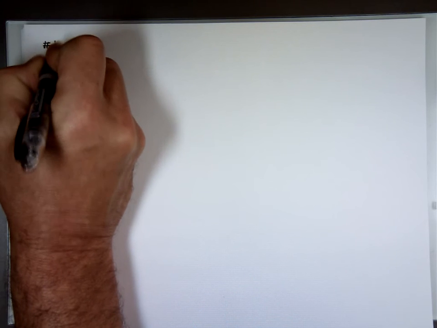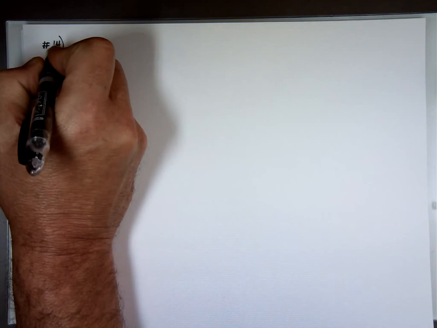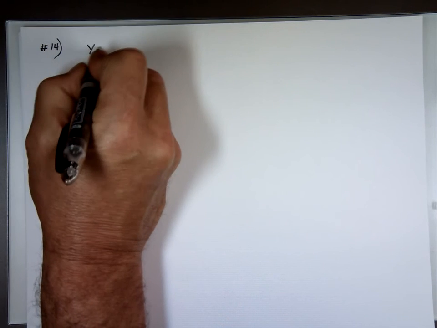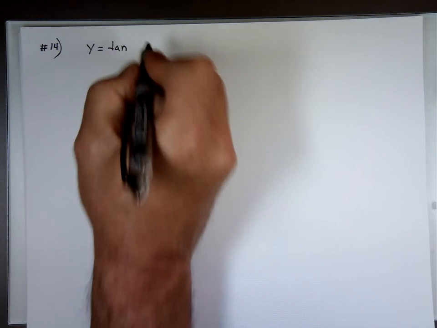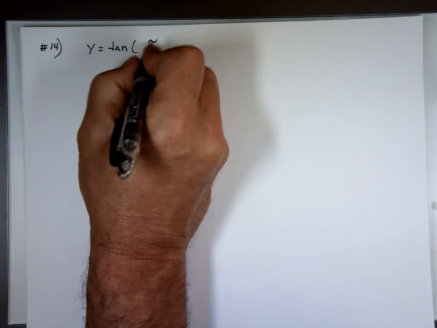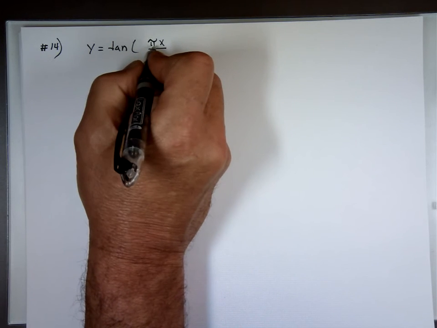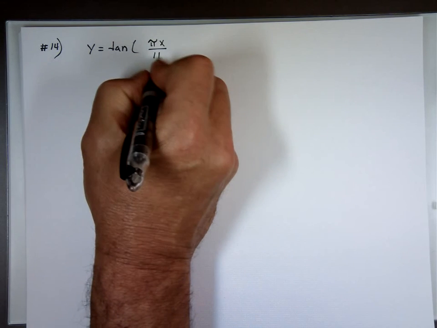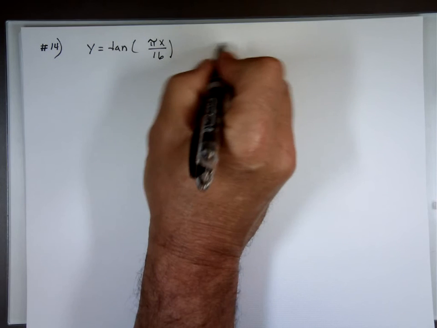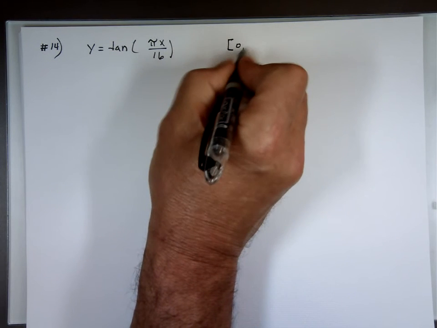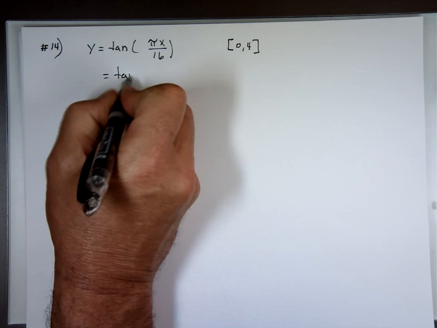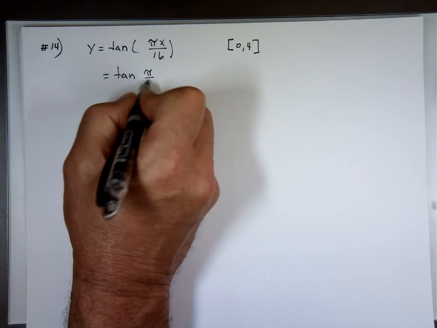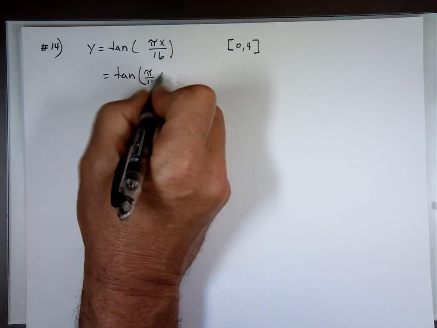Number 14. Y equals tangent pi x over 16, and that's from 0 to 4. You can write that as tangent pi over 16 times x, if you don't like pi x over 16.